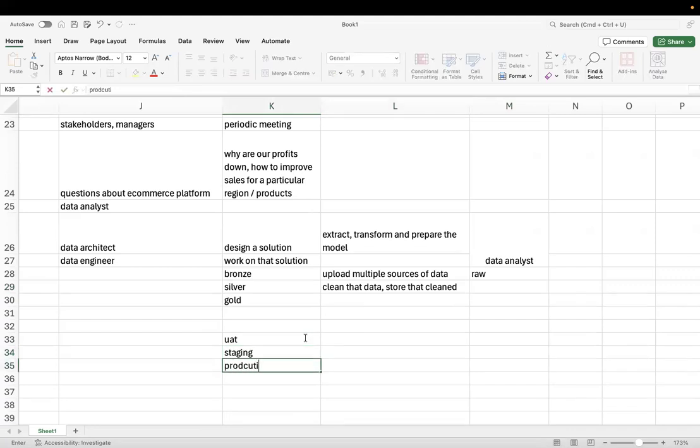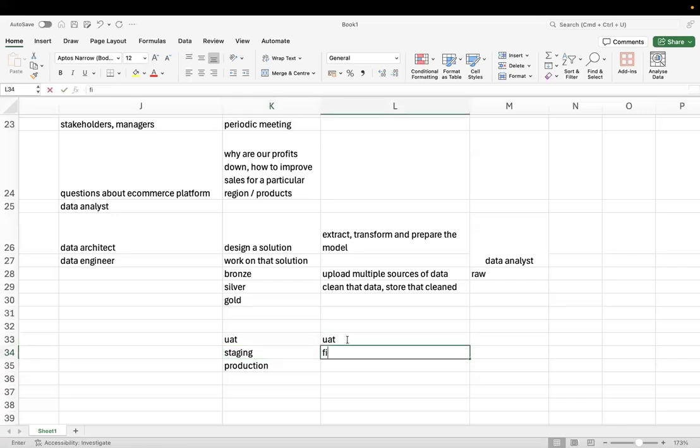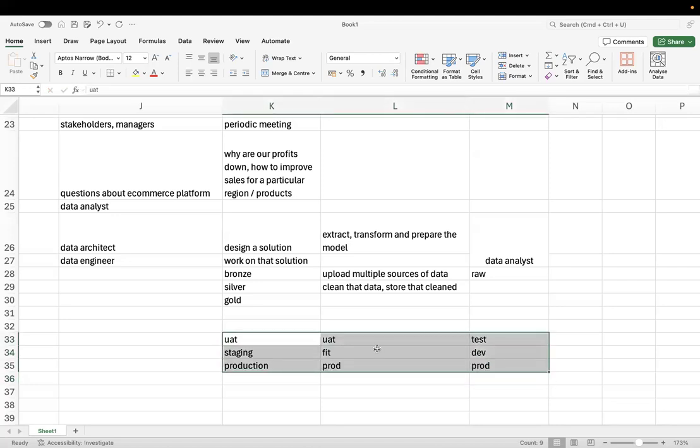The namings are different in each organization. In my organization, they don't have staging. They call it UAT, FIT, and prod. In some other organizations, they may have test, dev, UAT, and prod. These namings are different, but there will be a minimum of three environments.